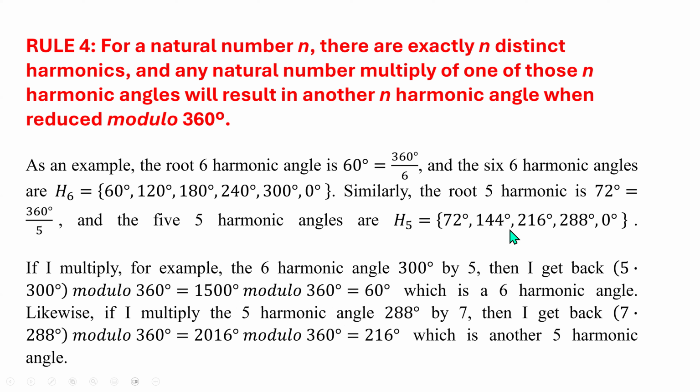Likewise, if I multiply the 5 harmonic angle 288 by 7, then I get back 7 times 288 degrees modulo 360 degrees, which is 2016 degrees modulo 360 degrees. And that is equal to 216 degrees, which is just another 5 harmonic angle. Okay, so for a natural number n, the number of n harmonic angles is equal to n. You multiply any of those angles by another natural number, you get back just another n harmonic angle.